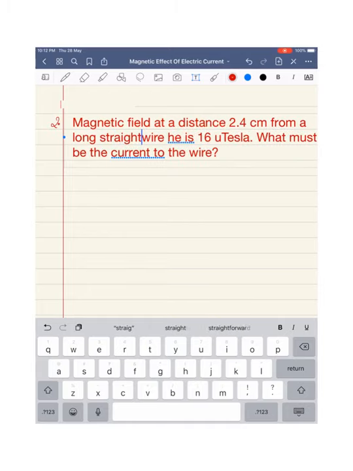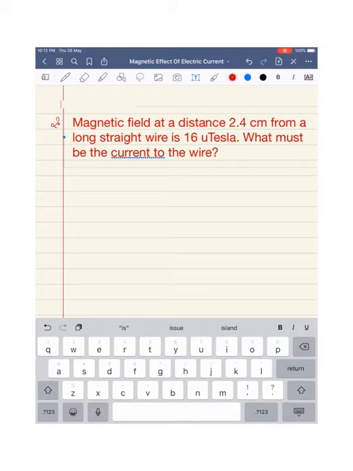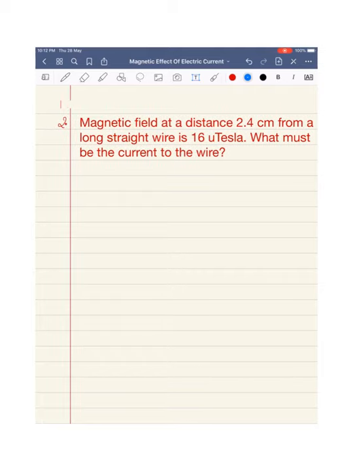For the corrections. Long straight wire carrying a magnetic field of 16 micro Tesla. So what actually is mentioned in the given data is the distance.